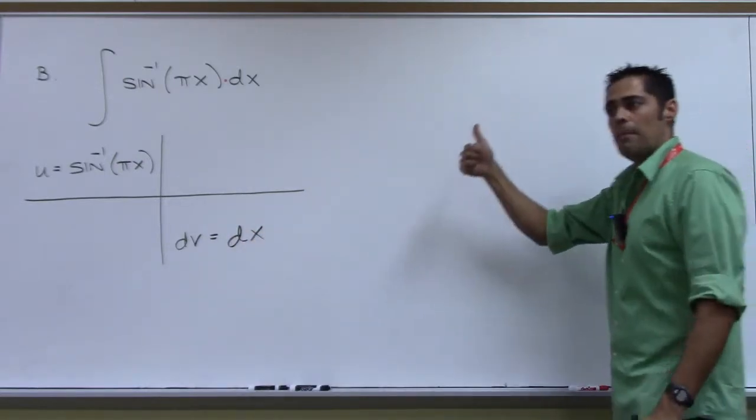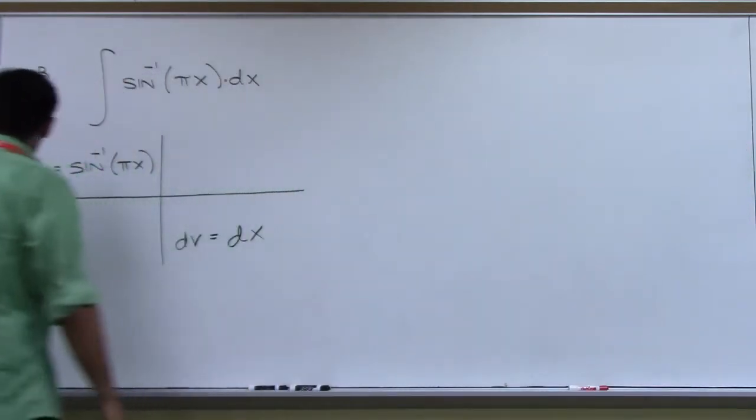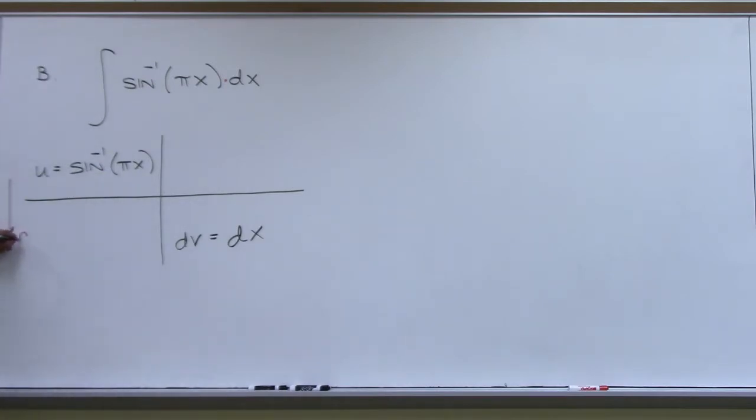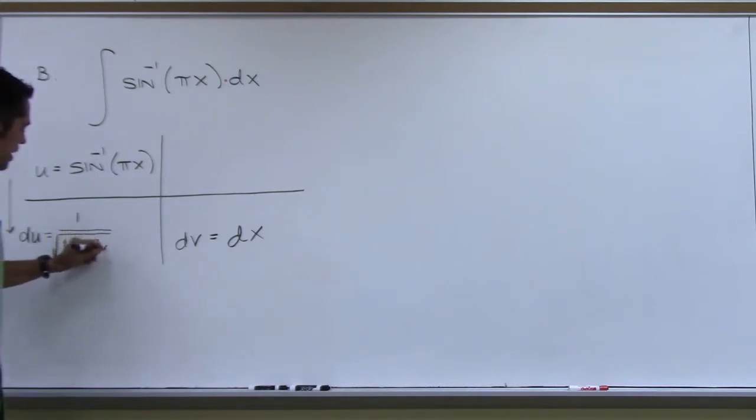Derivative down, integral up. So derivative down here, du is, be very careful here, because we have a pi x inside. So the derivative of arc sine of something is 1 over the square root of 1 minus the argument squared. Pi x squared. Can I do it this way? Pi squared x squared.